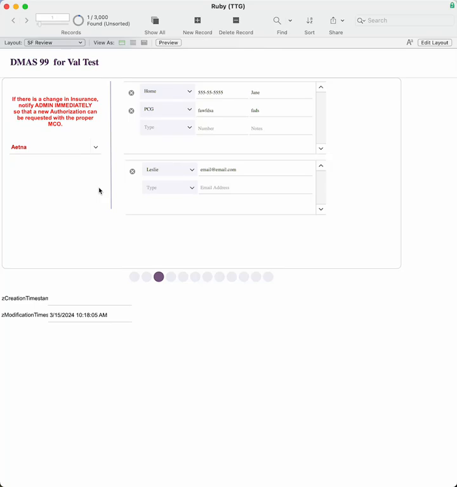If it's not, you need to let Tammy know immediately, because we have to ask for a new authorization from the new MCO. Otherwise, their attendants aren't going to get paid, and they're going to be calling you 30 days later, yelling at you because their attendants aren't going to get paid, and then you're going to have to spend 30 to 45 minutes trying to figure out why. So to prevent all of that, just ask them each time if their MCO has changed.